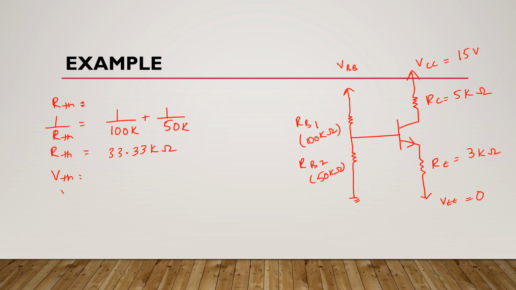Again for VTH we will use this formula: RB2 multiplied by V divided by RB1 plus RB2.